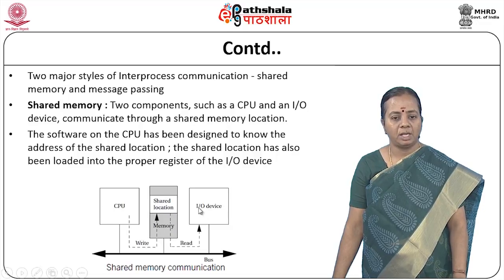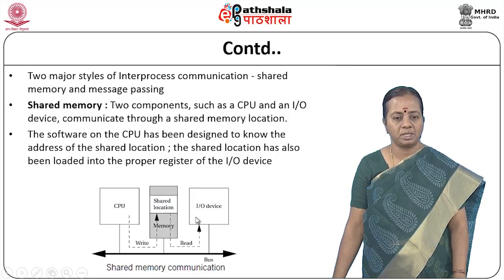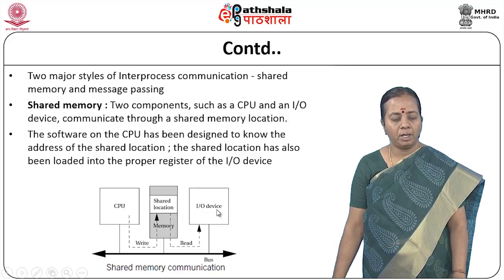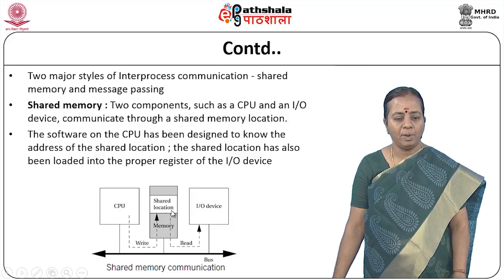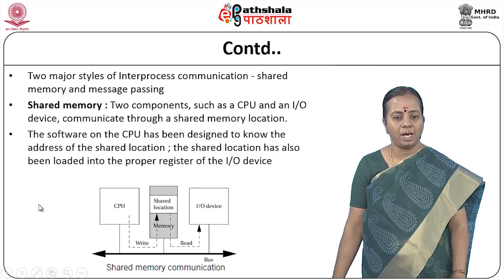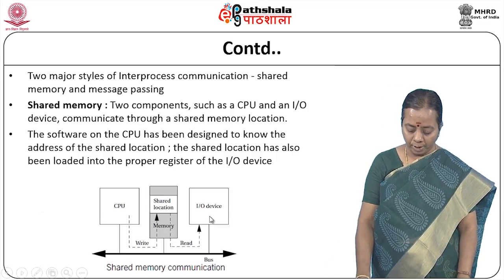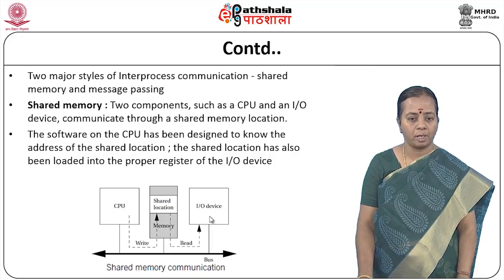The only thing is the IO device should know the starting location at which the CPU writes. When the input device wants to give data to the CPU, it puts it in this memory, and the CPU reads it when it is free. So shared memory is used by the tasks so that nobody has to wait for each other. This kind of communication is called non-blocking communication.